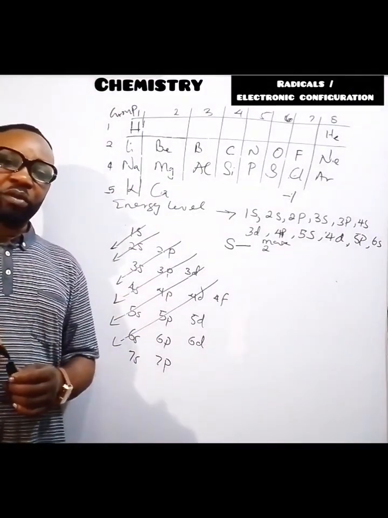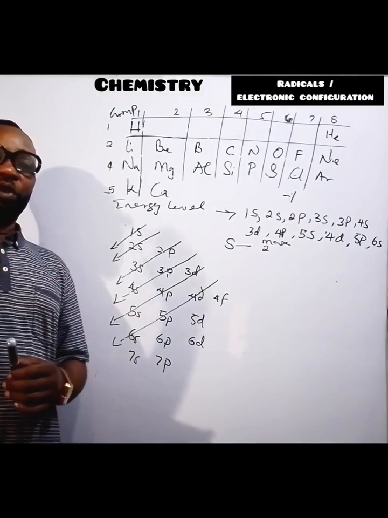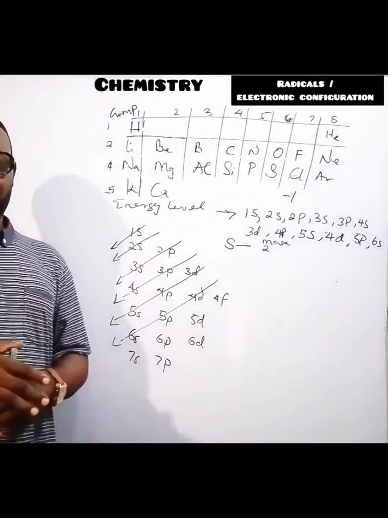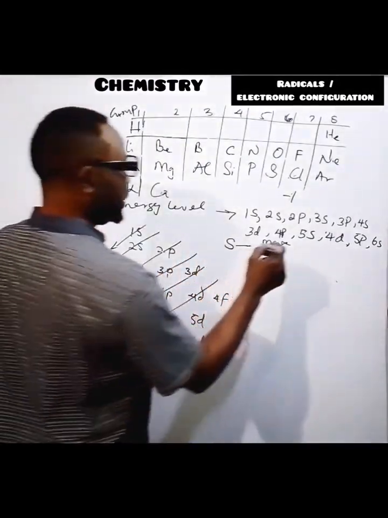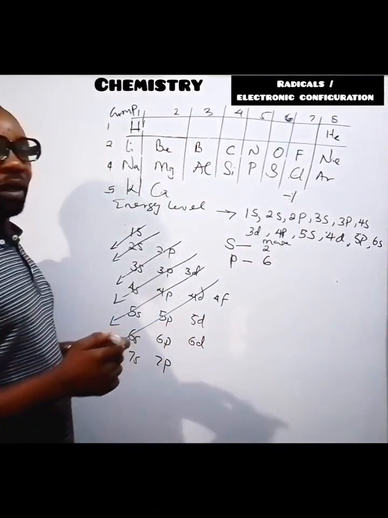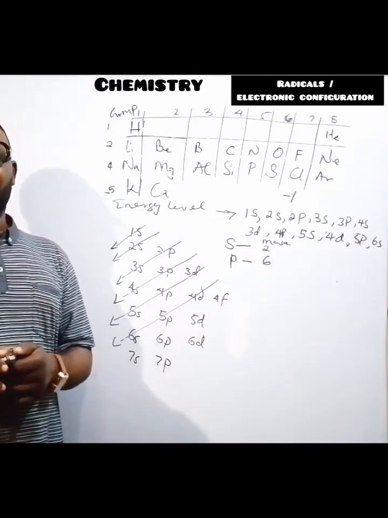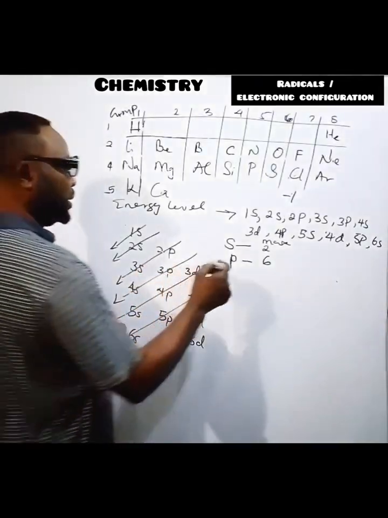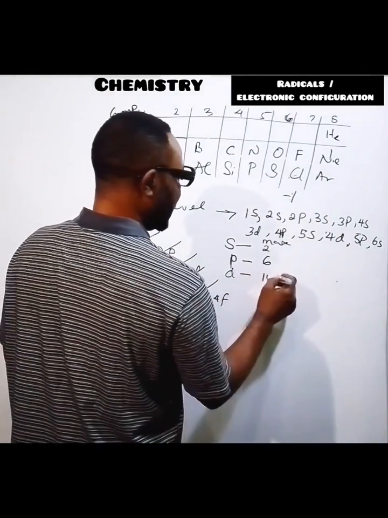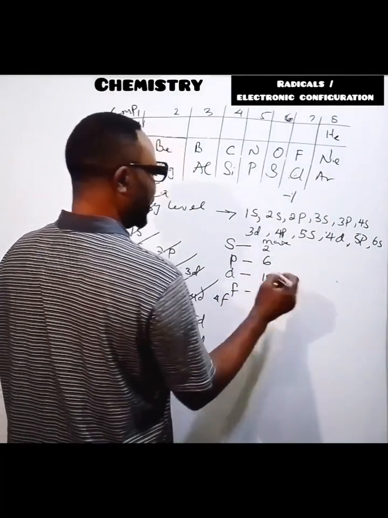In these two electrons, if I'm going to draw it, one electron will face up, another one will face down. For p, we have 6 electrons as the maximum. It must not go beyond 6. For d, we have 10 electrons, and f is always going to have 14 electrons.